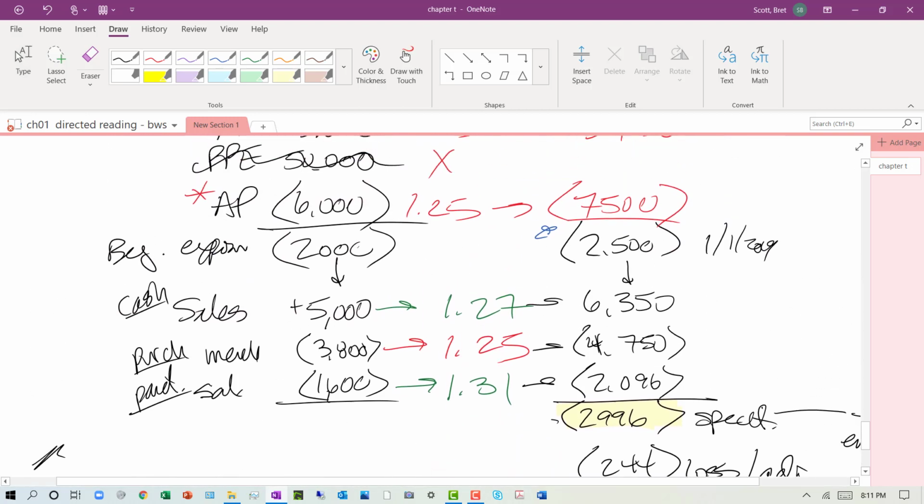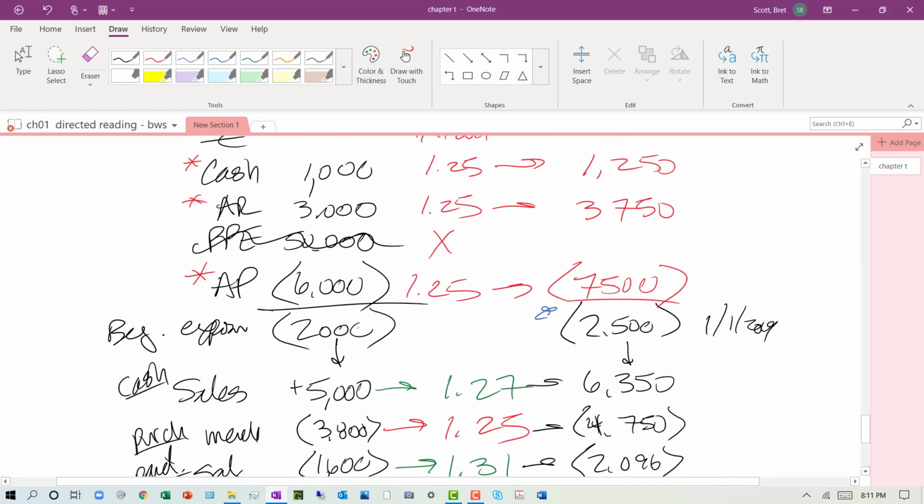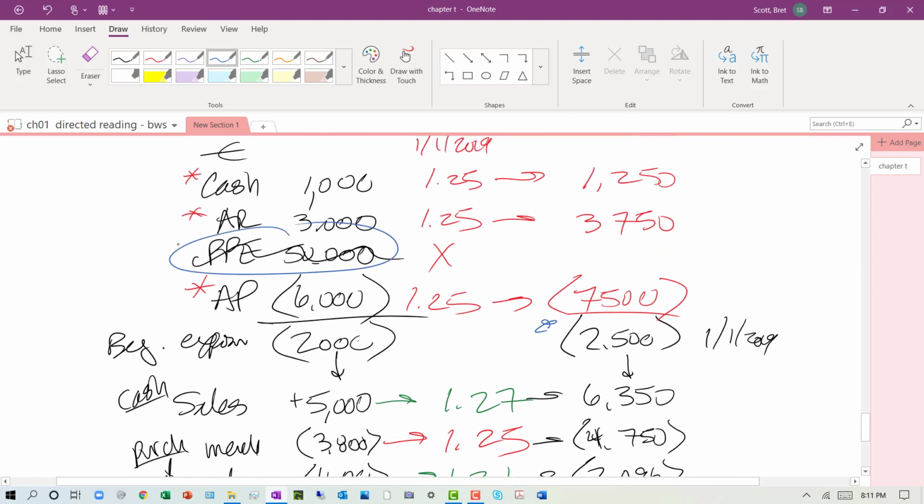If we say up above that PP&E is included as part of that, then I'll look at PP&E as part of my overall exposure. But at the end of the day, if I'm just trying to focus on the items that change because of changes in currency and current rates, all I need to do is focus on those items.